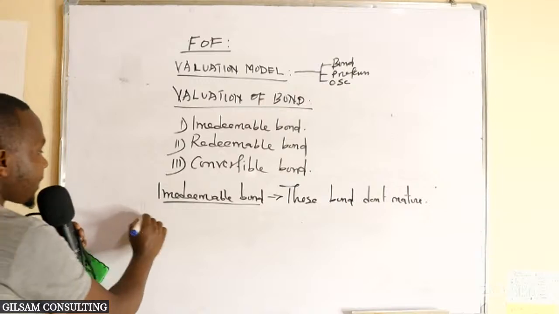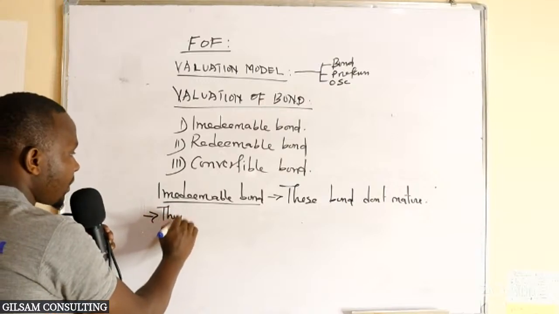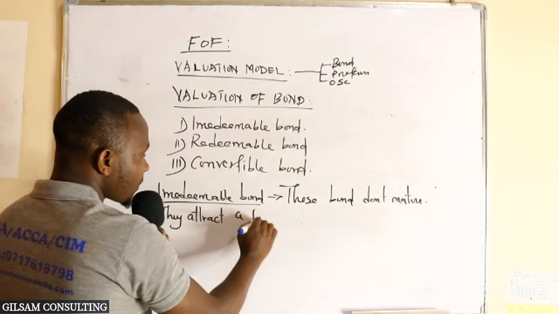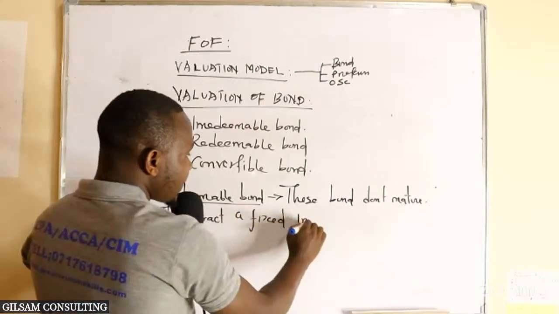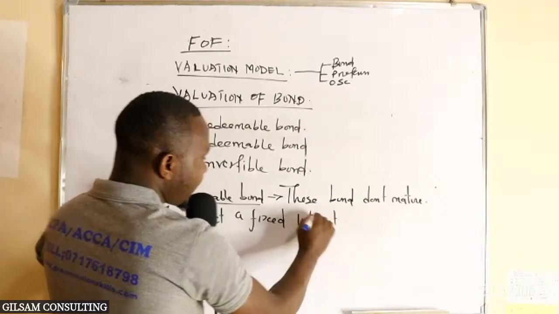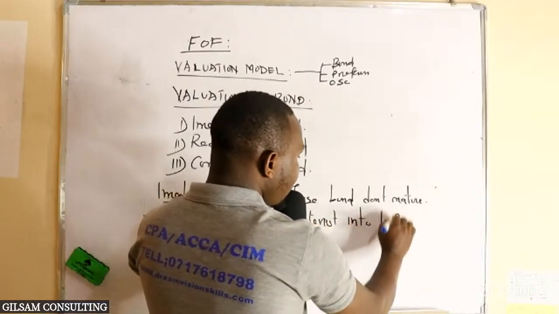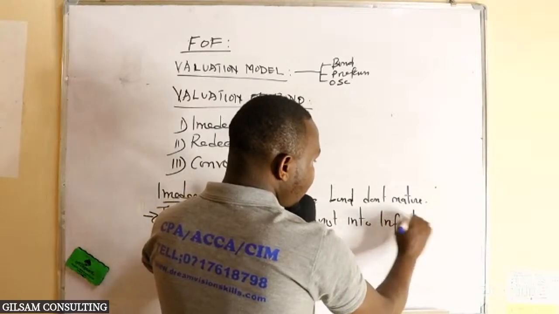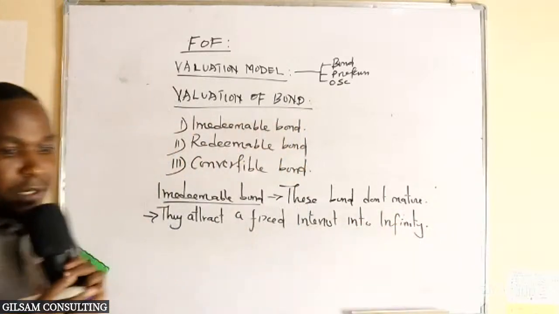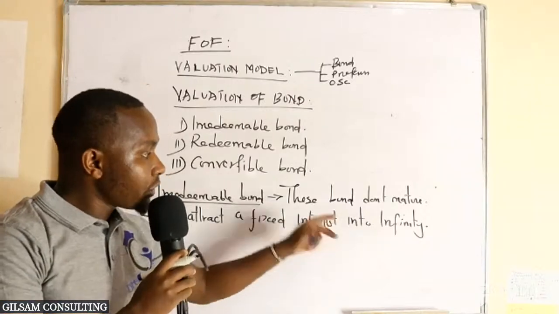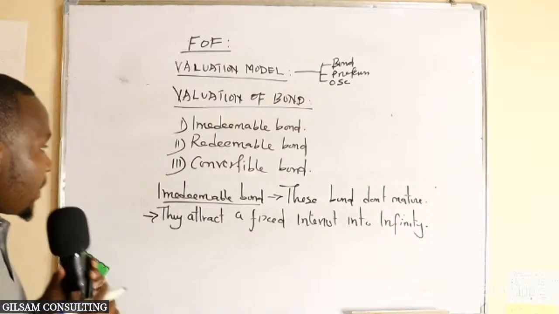They attract a fixed interest into infinity. Tulikuwa tumesema infinity haina mwisho. So if they don't mature, it attracts the fixed interest amount into infinity.